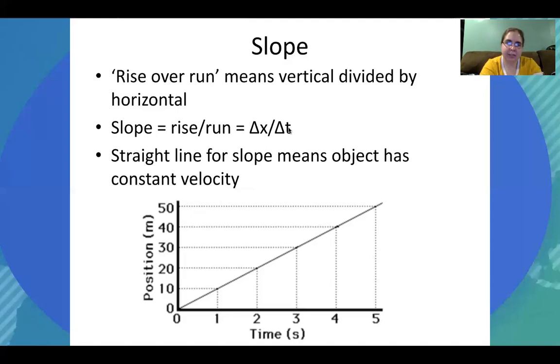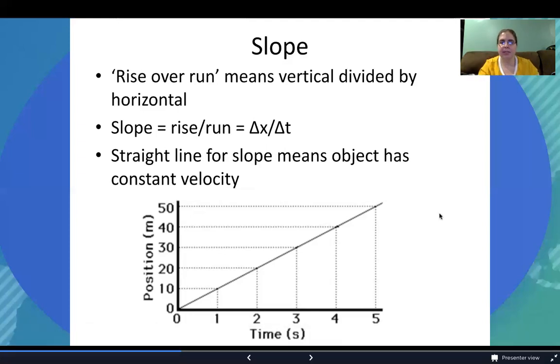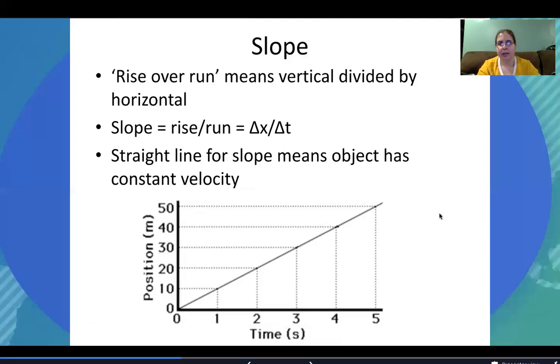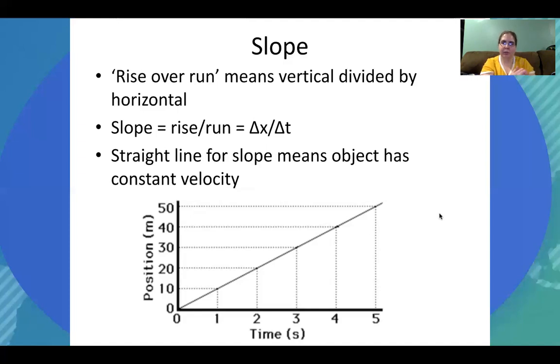A straight line for a slope means the object has a constant velocity. So when you see a nice straight line that doesn't bend or change, it's going nice and smooth, it means they have a constant velocity, meaning they're going at the same speed in the same direction at each point that time is measured.